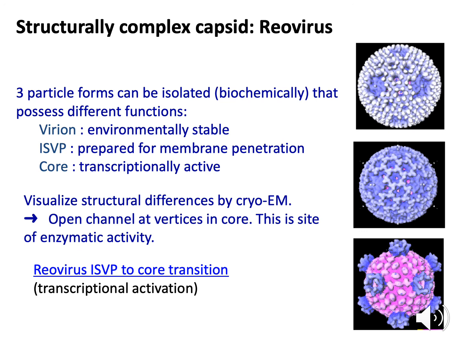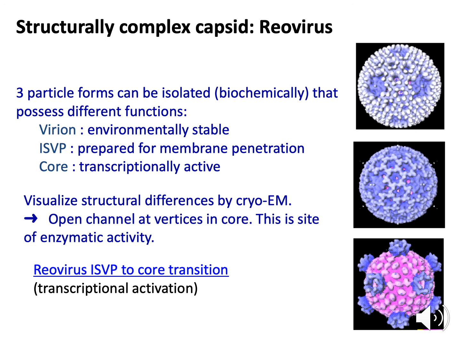The virion on top is the environmentally stable form. The ISVP intermediate, or infectious subvirion particle, is missing the outer capsid protein sigma 3 and is prepared for membrane penetration. This is the membrane penetration active form. And then what's at the bottom of the diagram on the side is the transcriptionally active core.